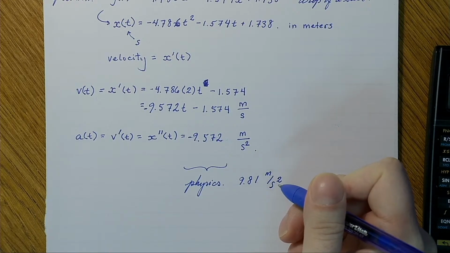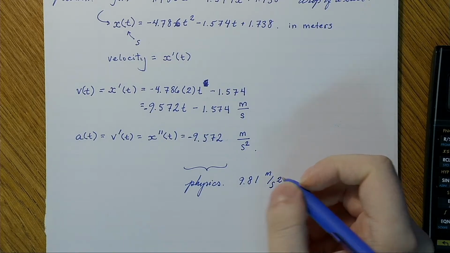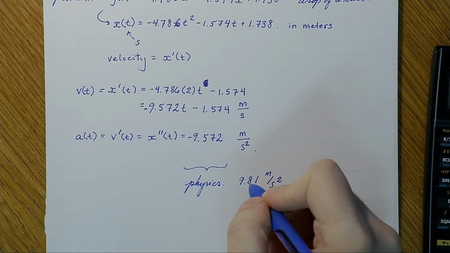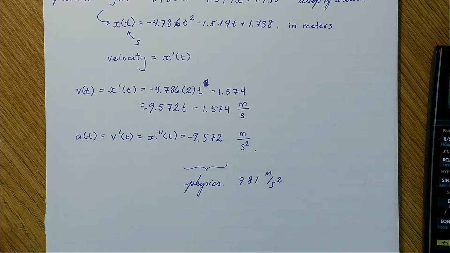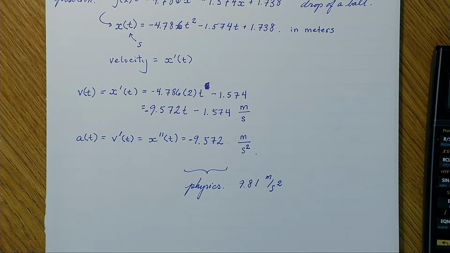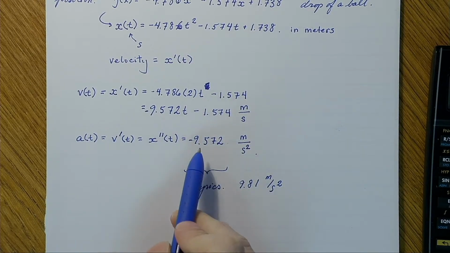It varies a little bit across the Earth because of the shape of it. Around Kingston, we're around 9.80, but 9.81 is the standard number that they give to everyone. So there's a little bit of experimental error here.